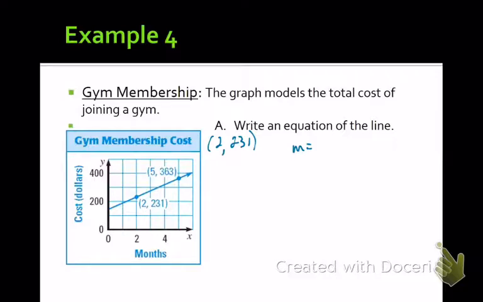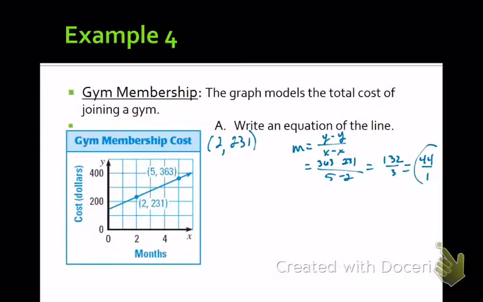The slope, again, is subtract the y's over subtract the x's. The y's are 363 and 231. The x's are 5 and 2. So we get 132 over 3, which is indeed 44, but I'm going to leave it as a fraction, 44 over 1.